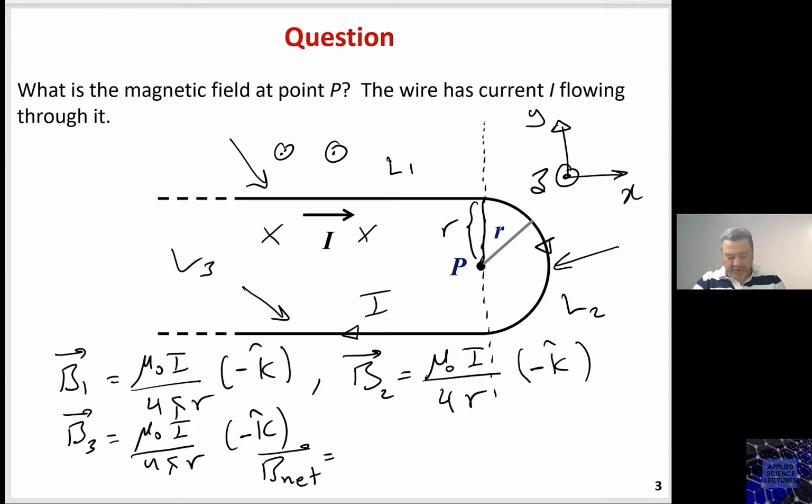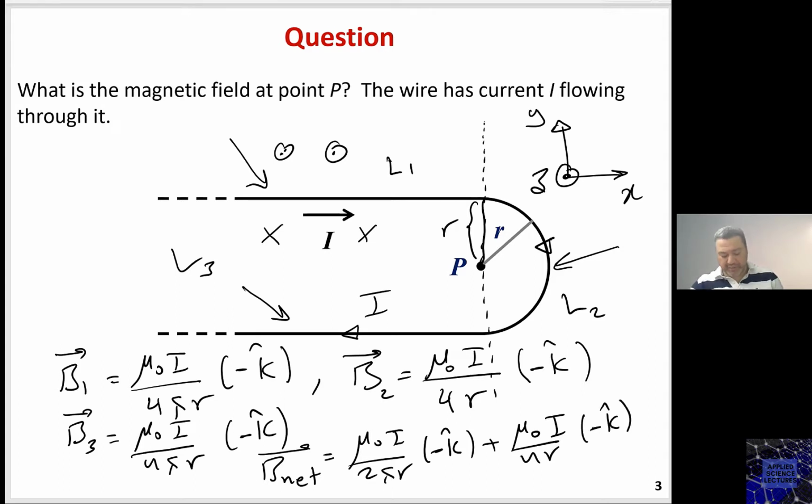Then the net B would be the summation. So B1 and B3 are equal. So this is going to be mu naught I divided by 2 pi r minus k hat plus mu naught I over 4r minus k hat.